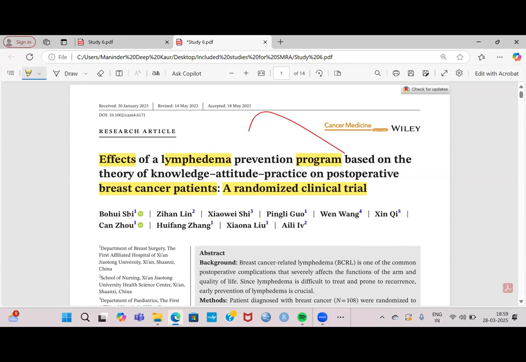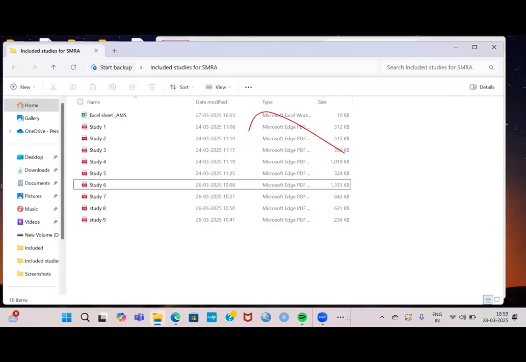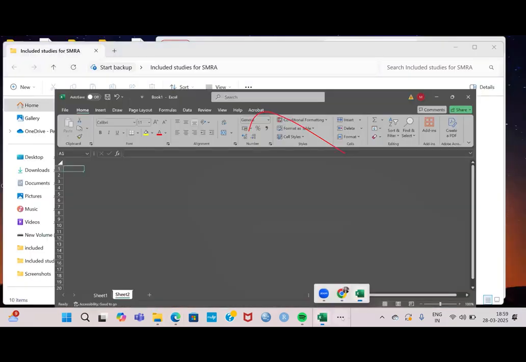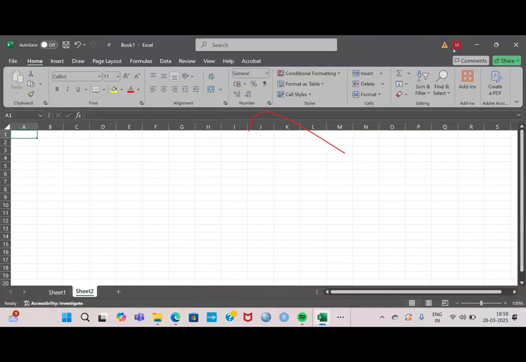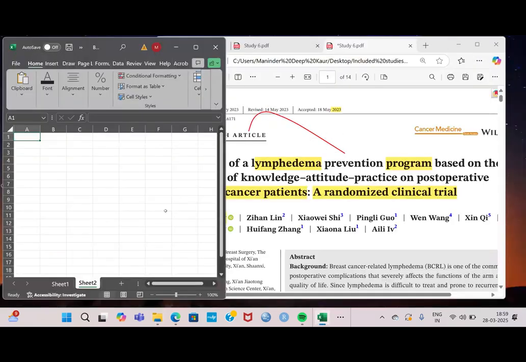First, again with the same, we will first add the author's name along with the publication, along with the year. So again, I will enter here. I will minimize my screen. Okay.